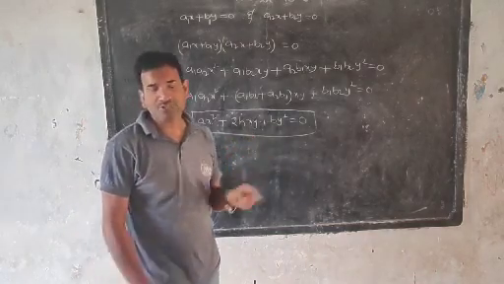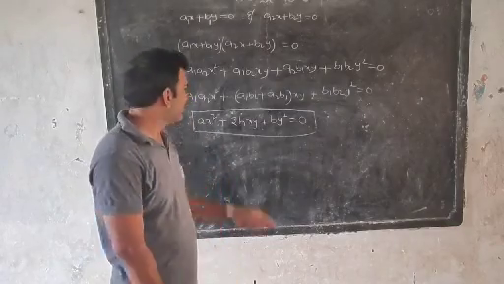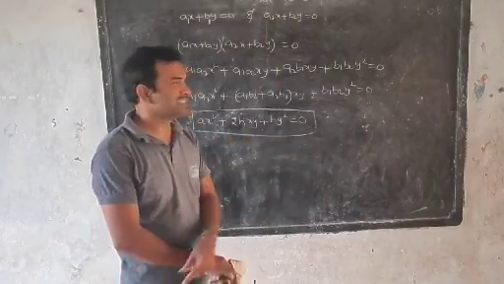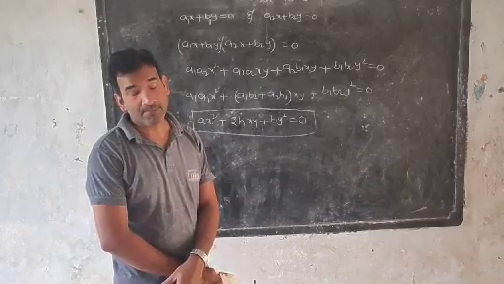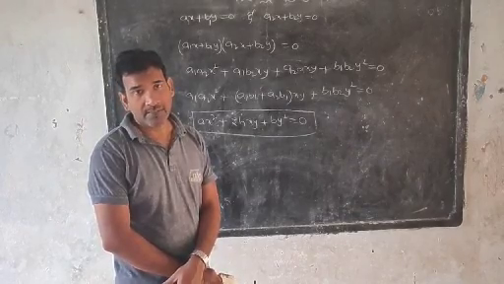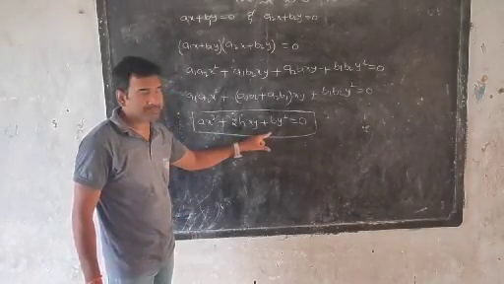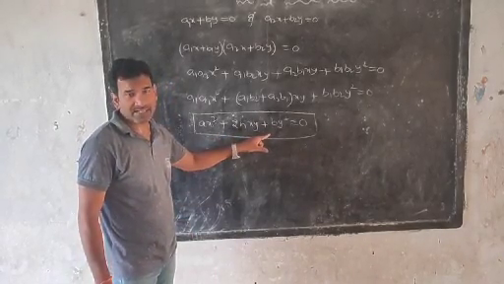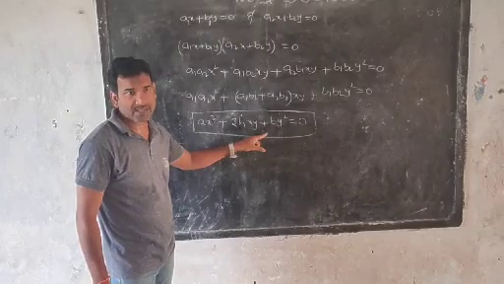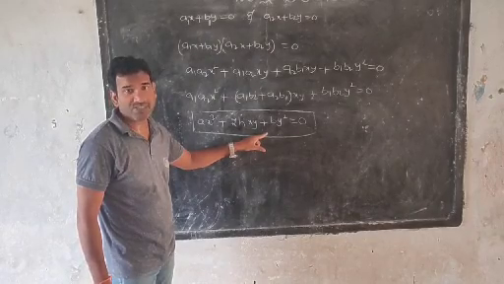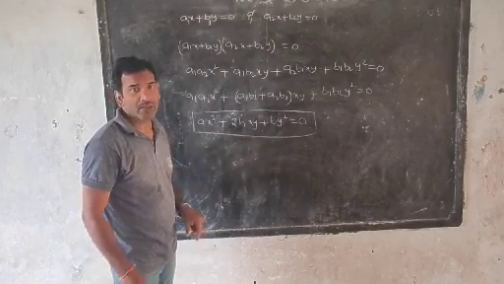That means, suppose in our textbooks, if this type of equation is given, then we have to consider that it is a homogeneous equation. It represents the product of two straight lines which pass through the origin.